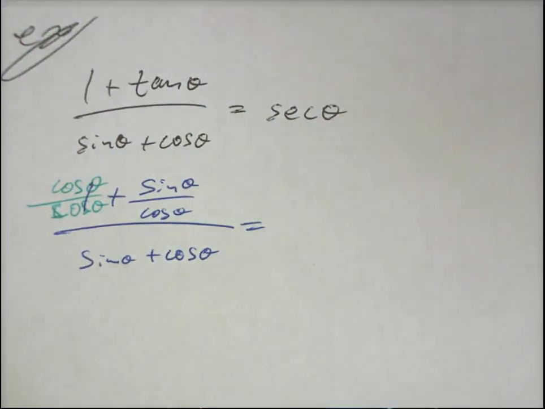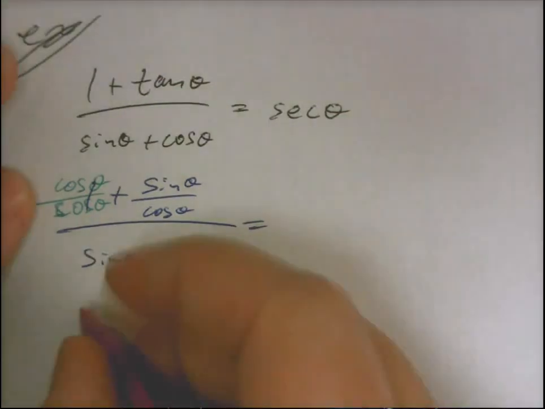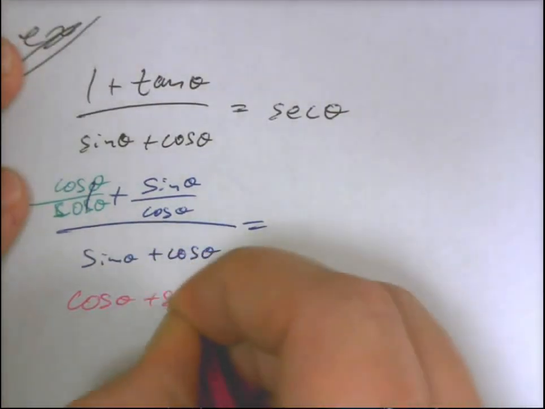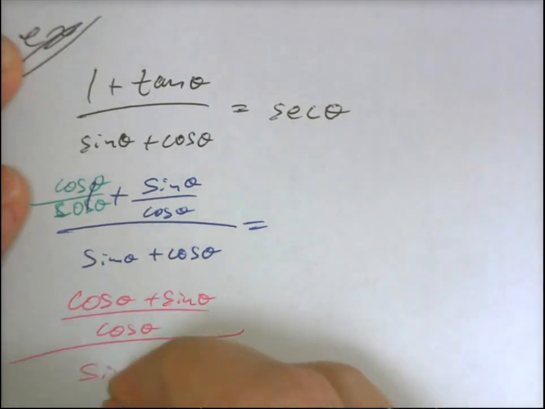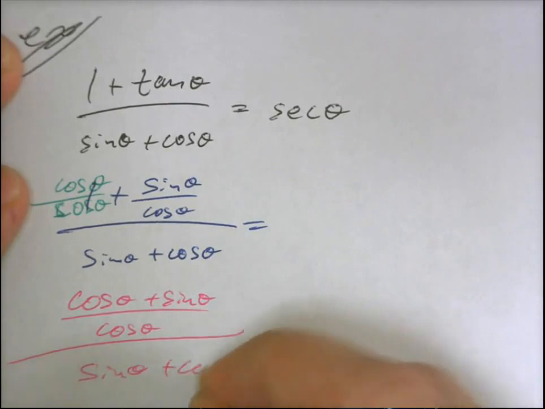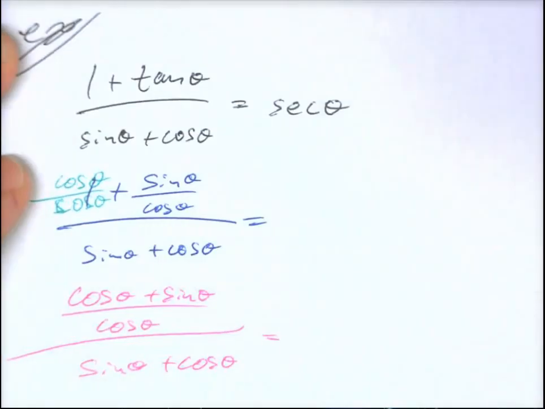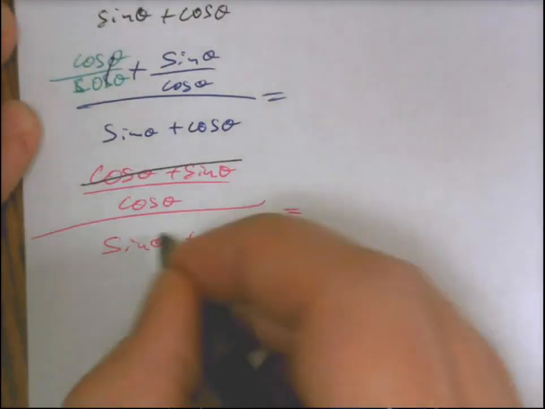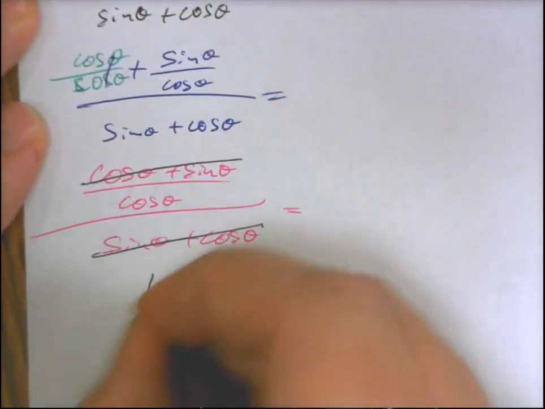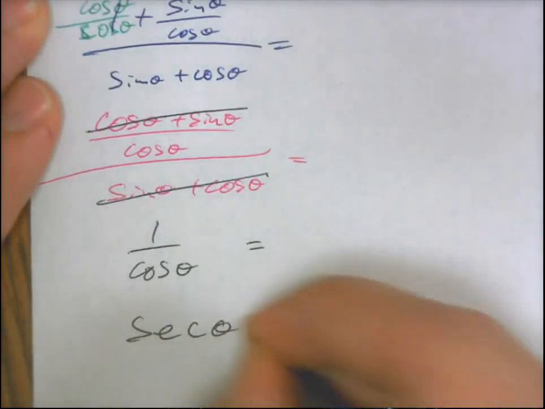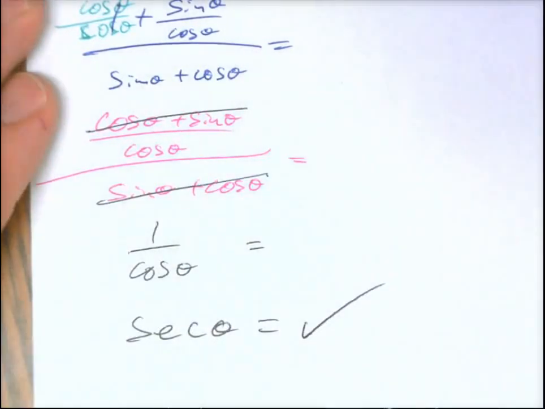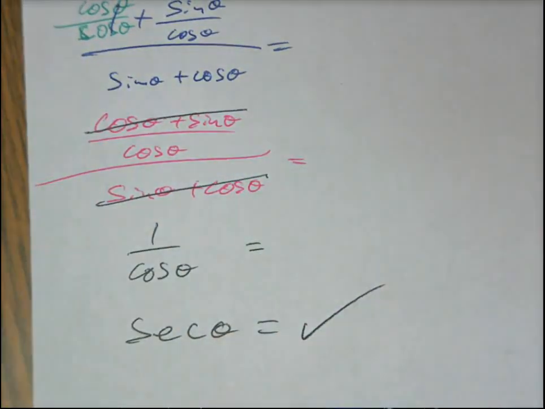And then we have cosine theta plus sine theta over cosine, all divided by sine theta plus cosine theta equals. Cosine plus sine divided by cosine plus sine is 1, so I'm left with 1 over cosine equals secant equals secant.